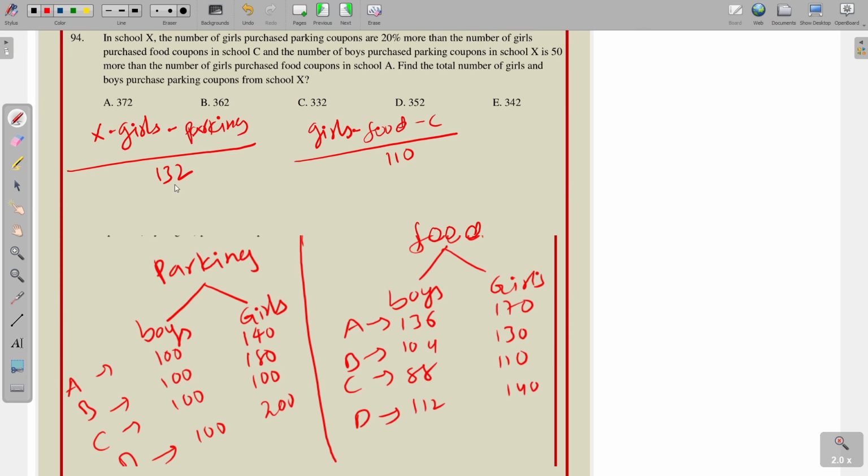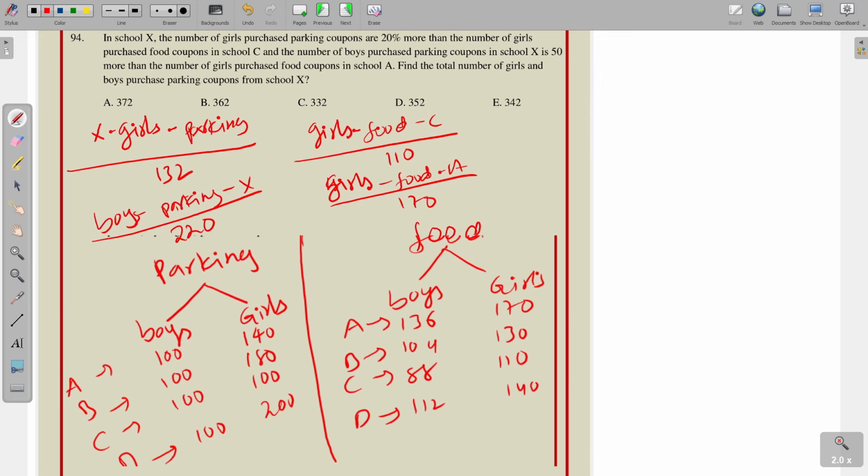In the same way, the number of boys purchased parking coupons in school X is 50 more than the number of girls' food A. Girls food A, it is 170. 50 more means 220.